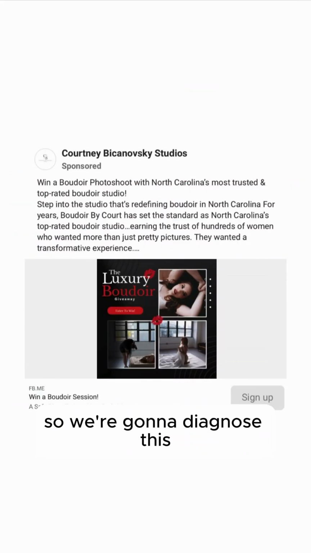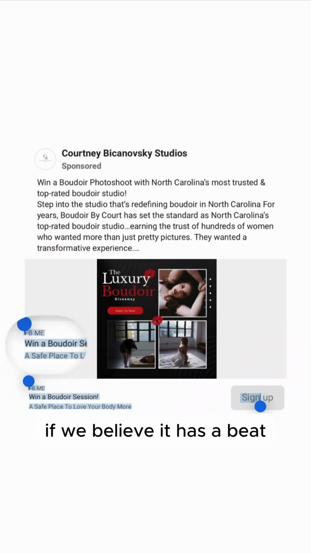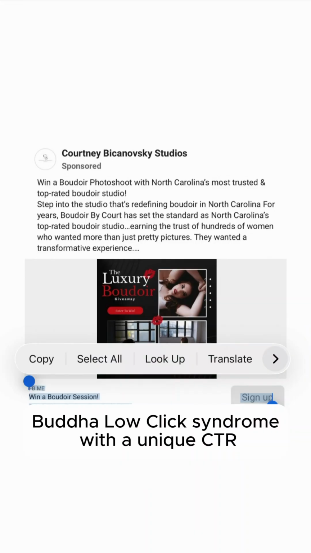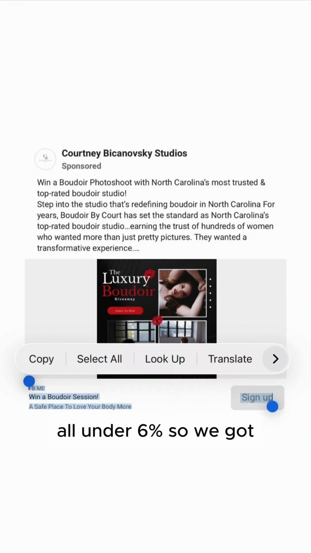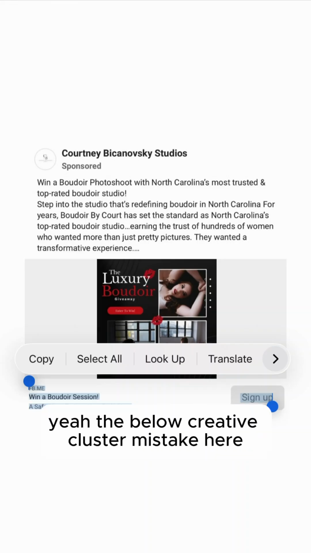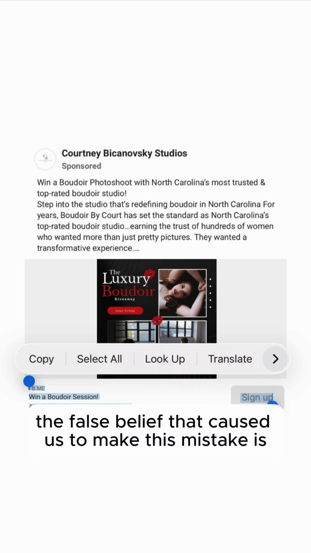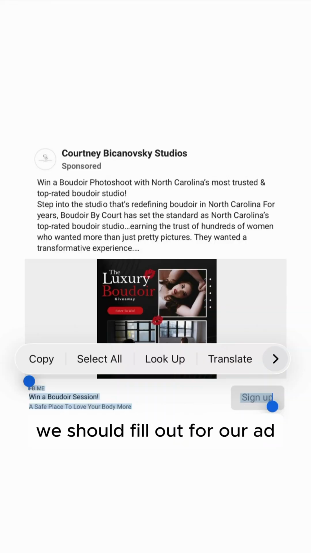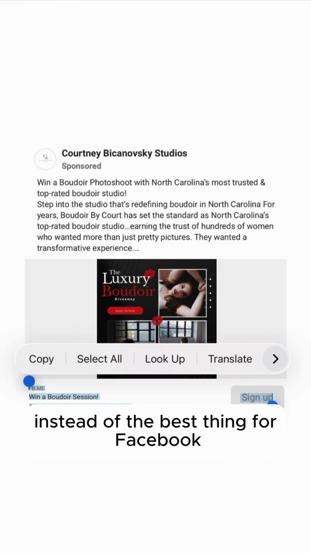All right, so we're gonna diagnose this, if we believe it has BLCS, boudoir low click syndrome, with a unique CTR all under 6%. So we got the below creative cluster mistake here. The false belief that caused us to make this mistake is we're trusting what Facebook says we should fill out for our ad is the best thing for us instead of the best thing for Facebook.